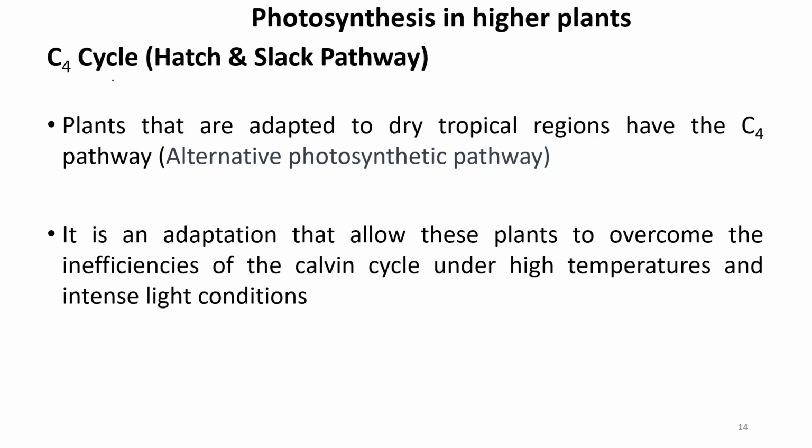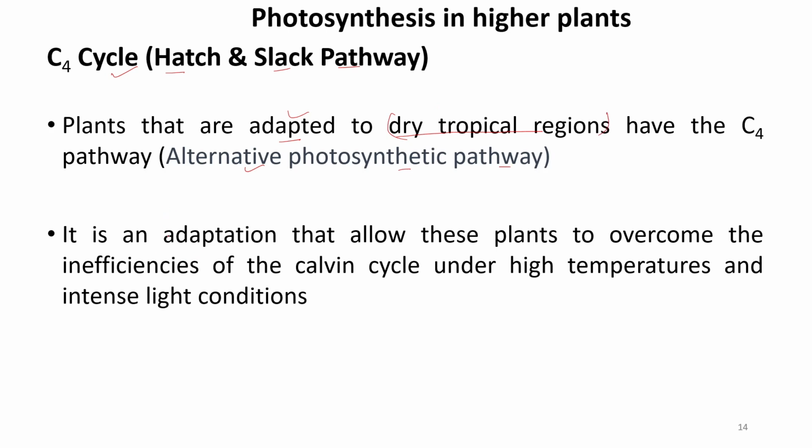Now let's start with the C4 cycle, which is also known as the Hatch and Slack pathway. So what happens? The plants that are adapted to or that live in dry tropical regions show this C4 cycle. Okay, so the C4 cycle is also an alternative photosynthetic pathway, seen in plants adapted to dry tropical regions.